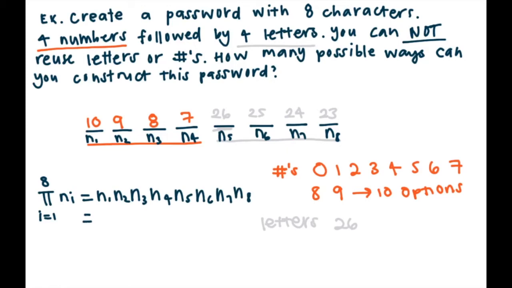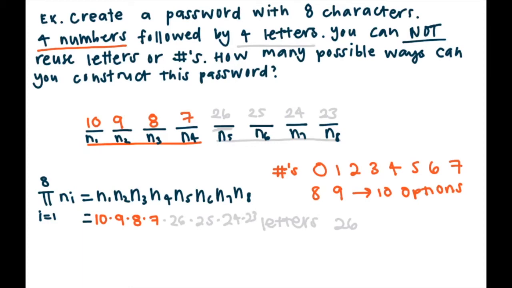And that's going to equal 10 times 9 times 8 times 7. Okay, followed by multiplying times 26 times 25 times 24 times 23.